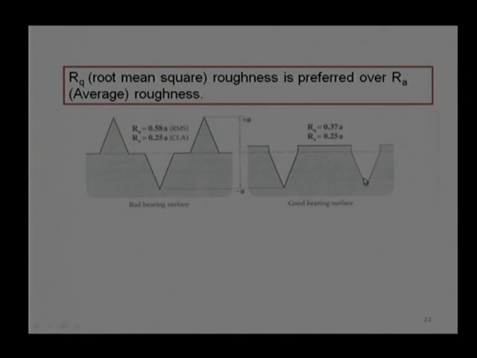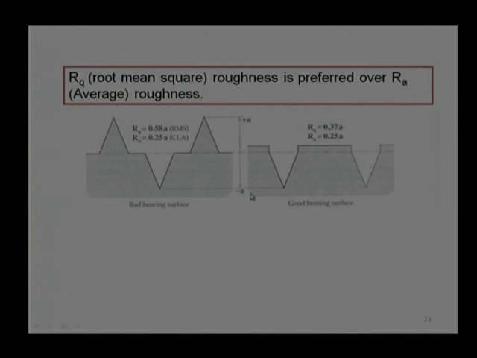However, this one has a number of high values. Now, coming to the RQ value, in this case the RQ value is 0.58, while in this case the RQ value is 0.37. So, whatever we were planning, to give more penalty to high peak values, is being imposed on this. So, we can say based on the higher RQ value, this surface is the bad surface and this surface is the good surface, and again these are only comparative terms, not absolute terms.